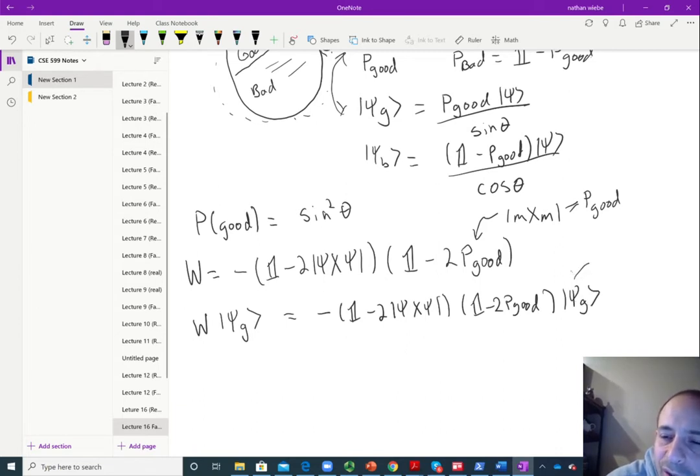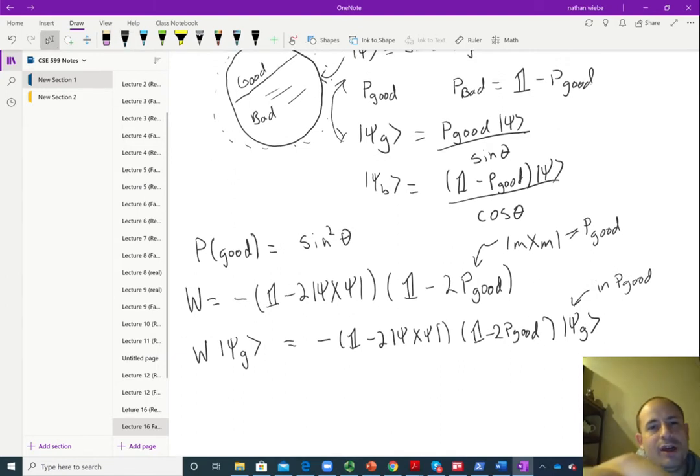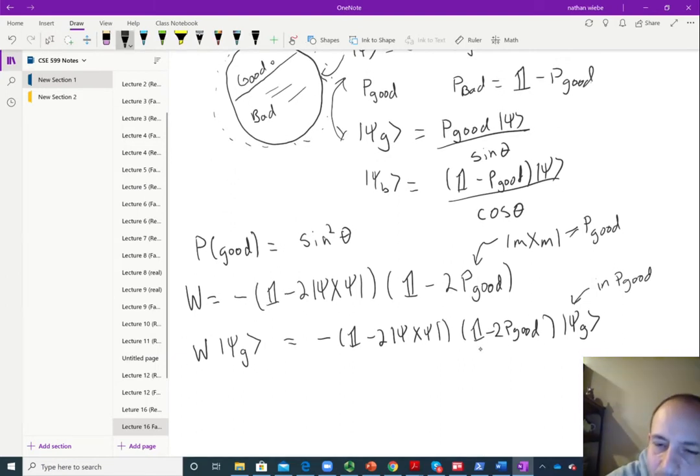Now, psi g, by definition, is in the +1 eigenspace of P good, meaning this component of the vector is in the good space. What identity minus 2 P good does is flip the sign of everything in the good space. Therefore, this becomes identity minus 2 psi acting on psi g. Note the lack of the minus sign because the two minus signs cancel.